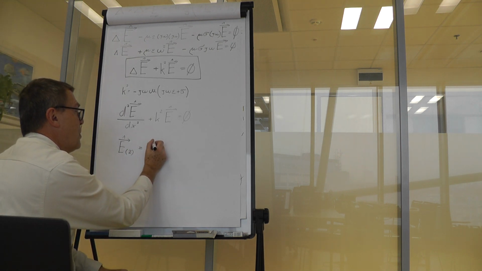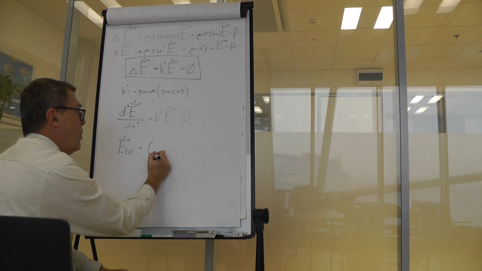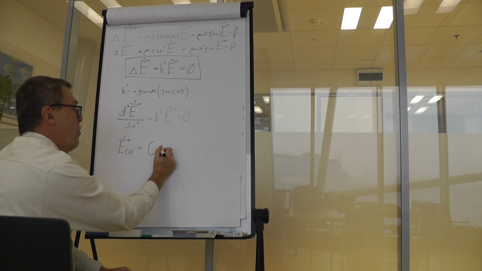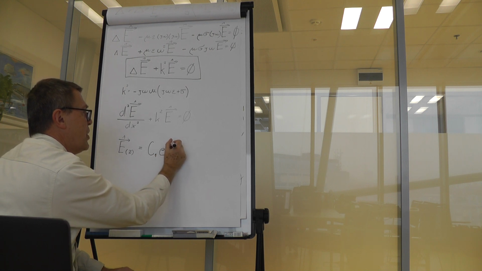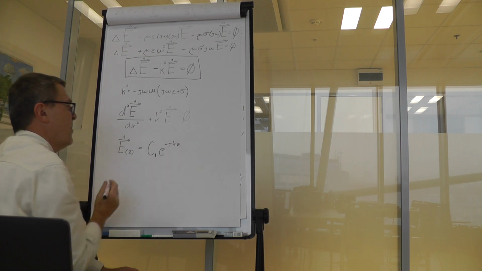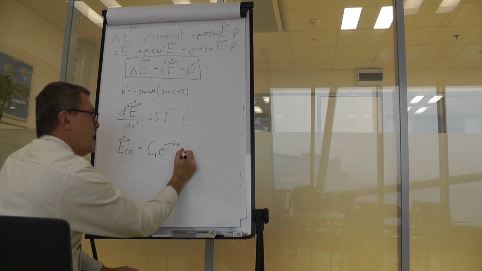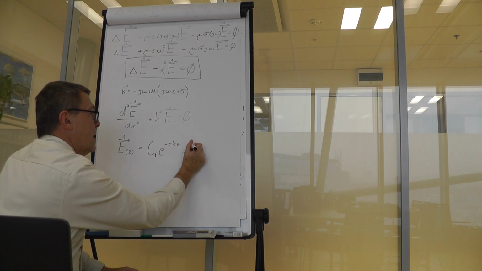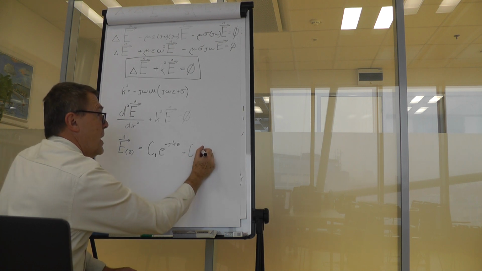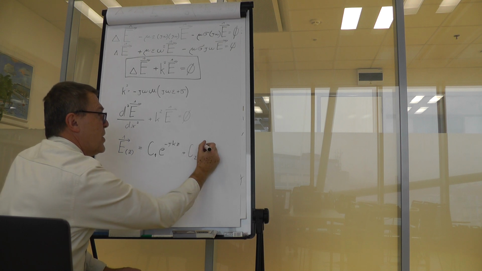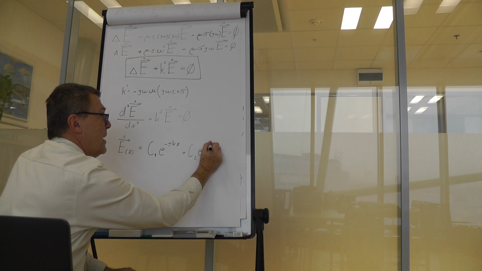So that will be some constant c1 multiplied by an exponential e to the minus j k z plus c2 multiplied by an exponential e raised to j k z.